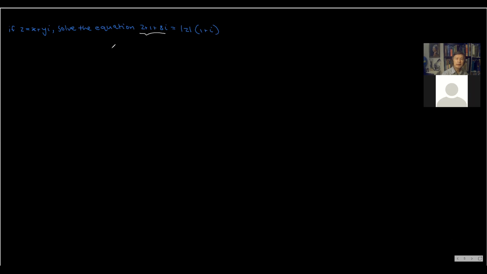Oh, this is z, right? Can we copy that? z plus z plus 1, right? Plus 8i equal to, that is a modulus, which is amplitude, right? You need to go to modulus. Do you go to module or modulus? Modulus. Okay, all right. How can we solve z? z is unknown, right?